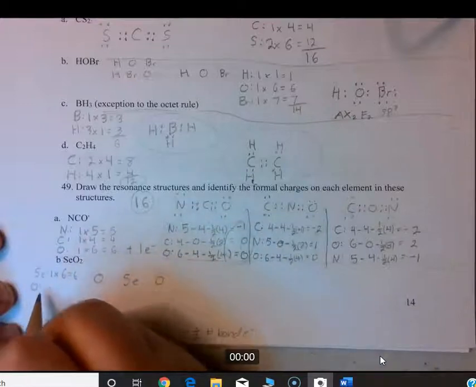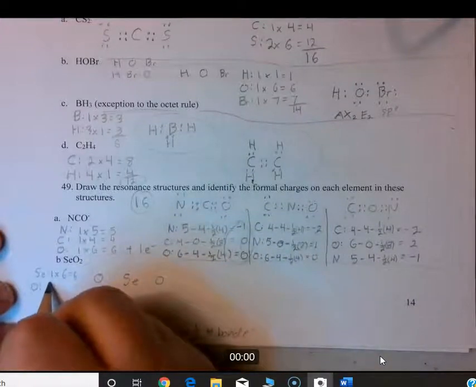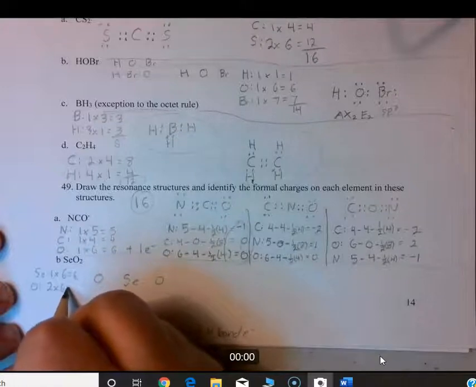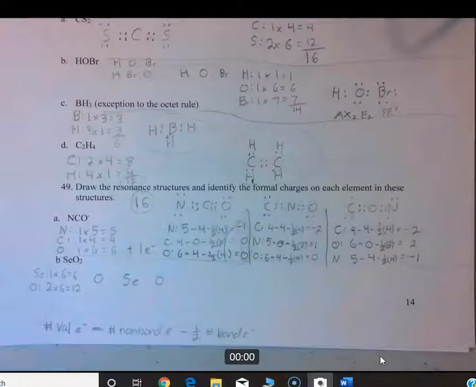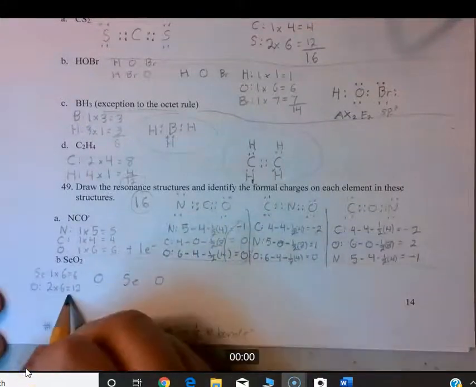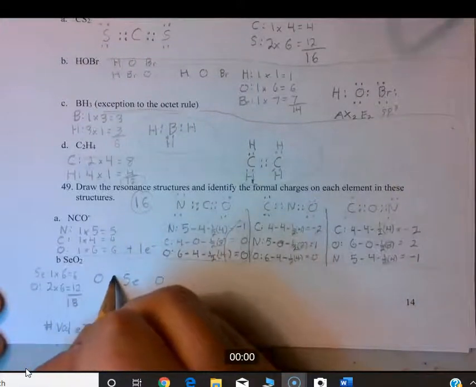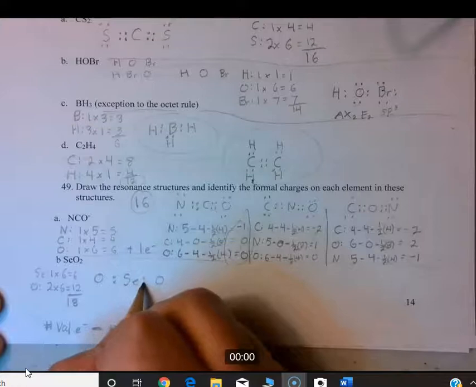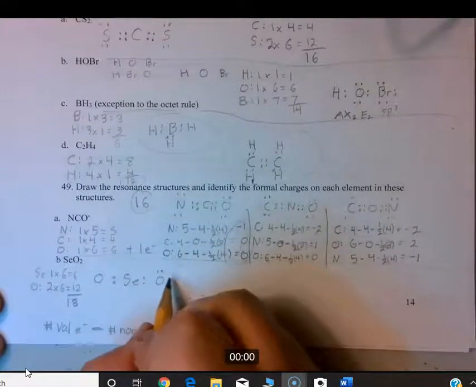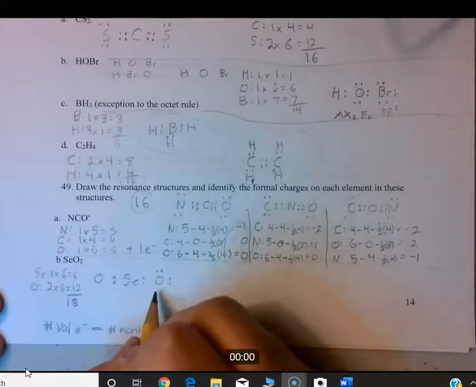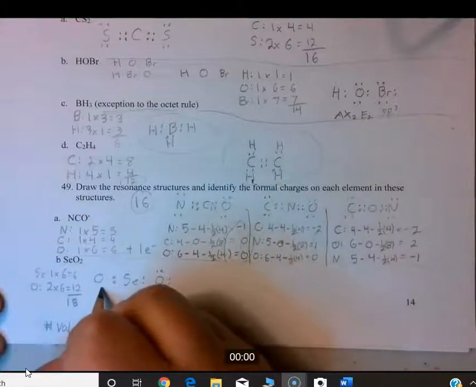And O is 2 times 6 equals 12. Okay, so we have a total of 18. So we're going to put a couple here, and then we're going to surround everything with an octet.